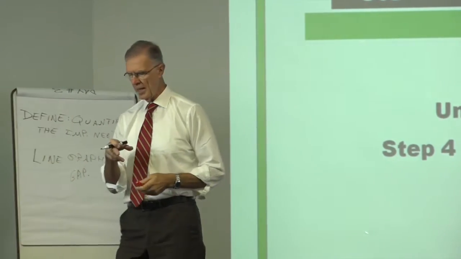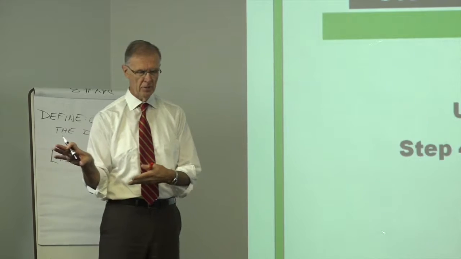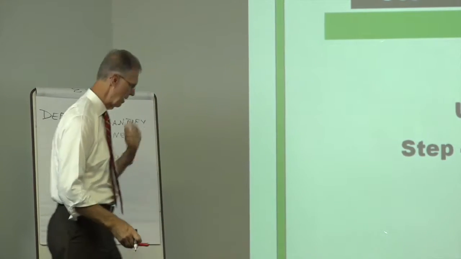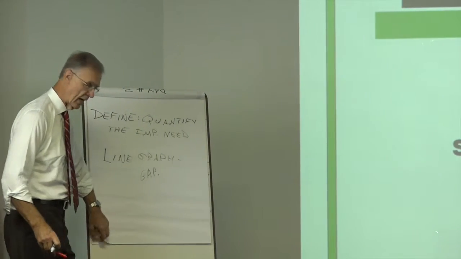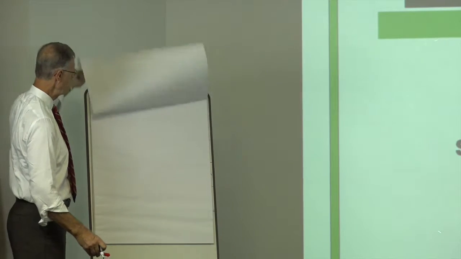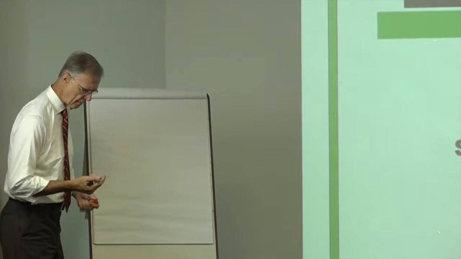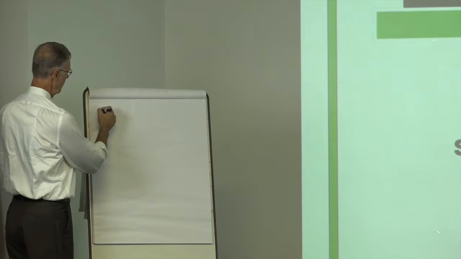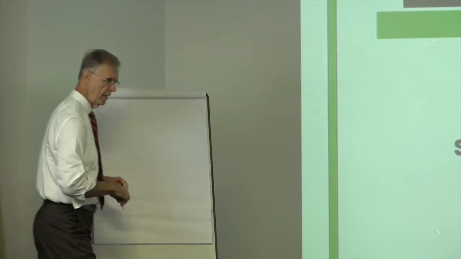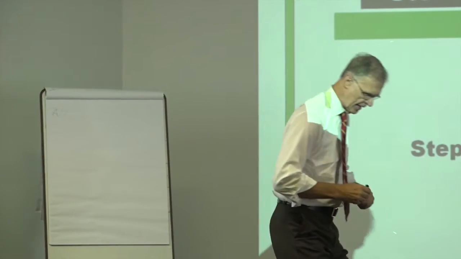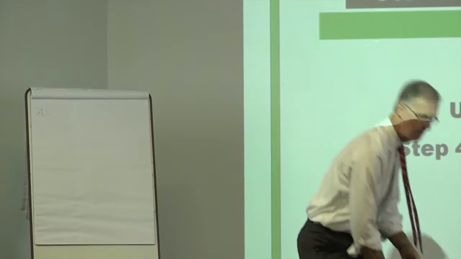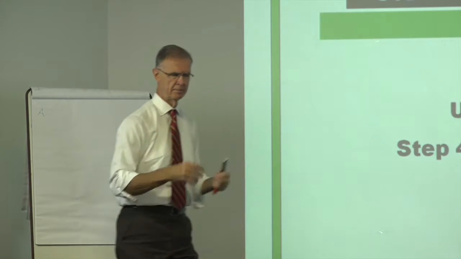Then we'll set a target on it, and then we go to the next step, which is what? Analyze. In the analyze step, can you think of what a key objective might be in the analyze step? What word comes to mind?